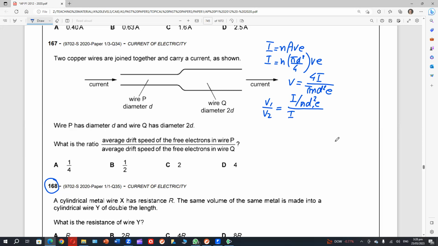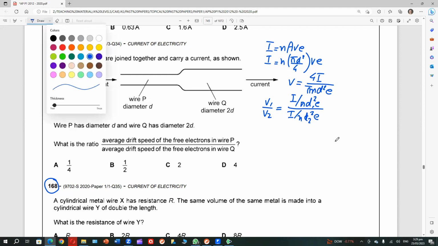The two wires are connected in series, so the current won't be different, and both are copper wires, so n would be the same.